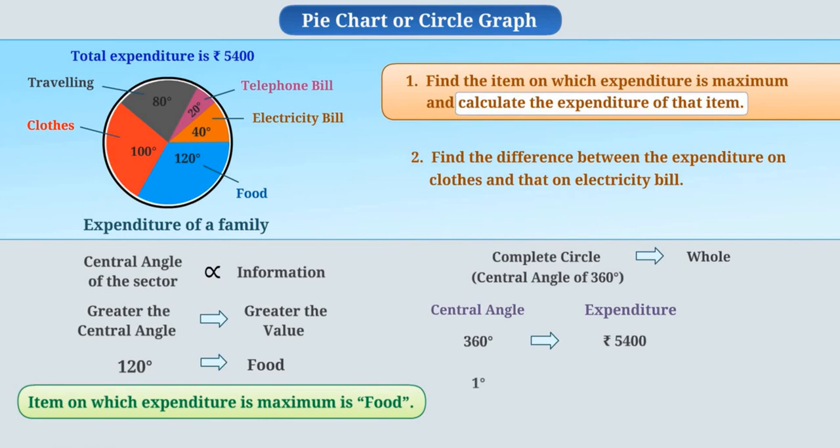That means 1 degree will represent expenditure of rupees 5,400 divided by 360, and so the central angle 120 degree will represent the expenditure rupees 5,400 divided by 360 multiplied by 120, which is equal to 1,800 rupees.